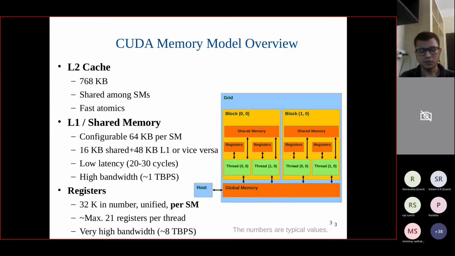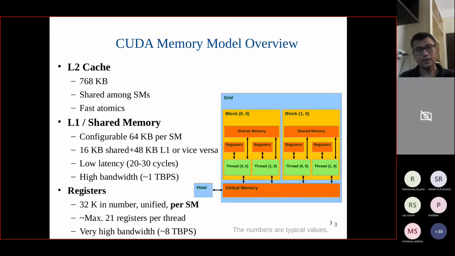One thing you should observe about the L2 cache is that since it is shared across all the threads, the amount of L2 cache available per thread is very small. Because on a GPU we can typically launch a kernel with tens of thousands of threads, and even multiple kernels.